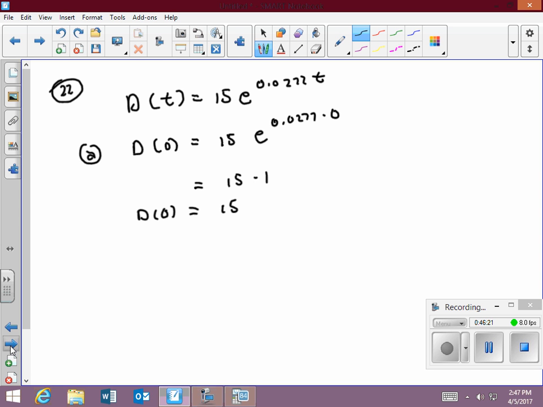How long until the diameter of the tumor doubles? So this is another one. You'd have 30 equals 15 e to the 0.0277 t. This is going to be 2.